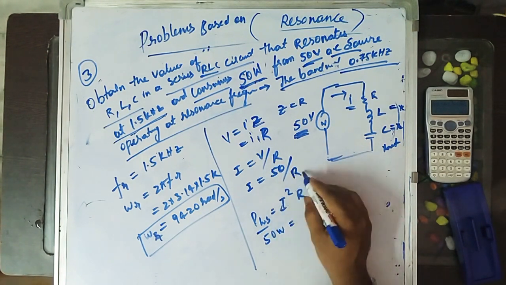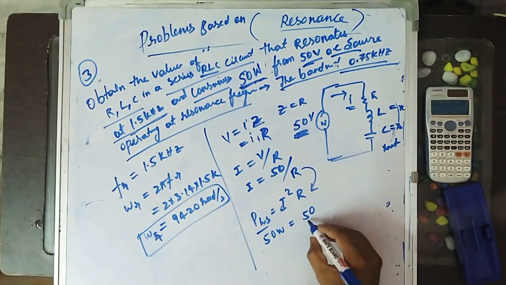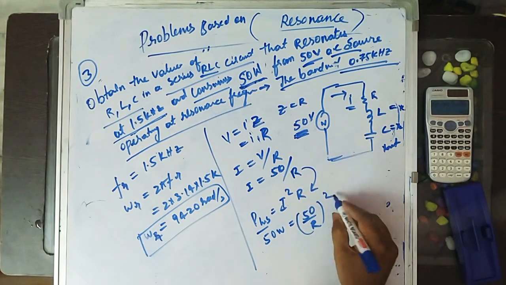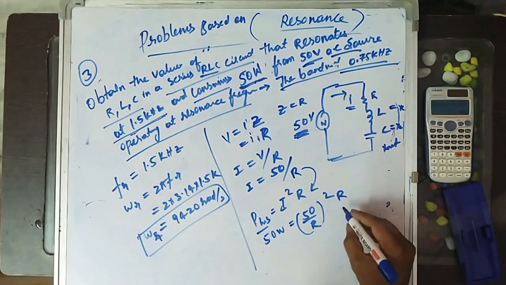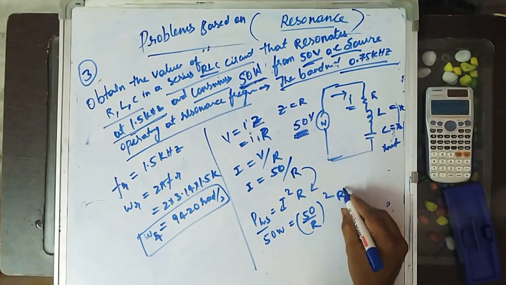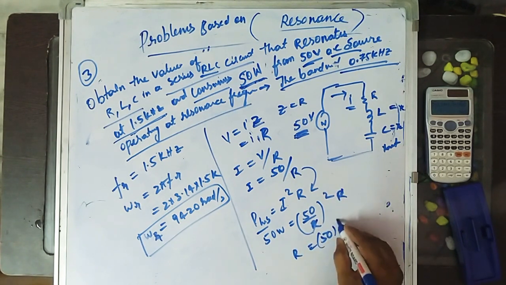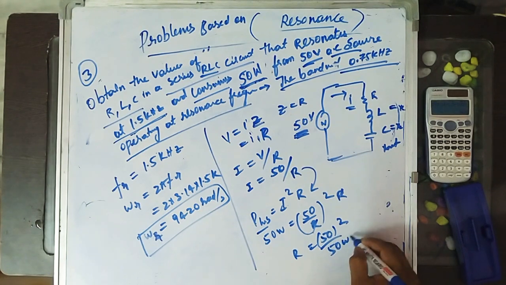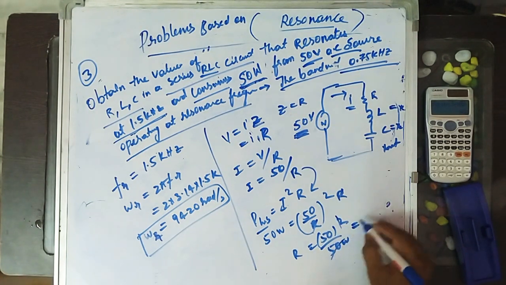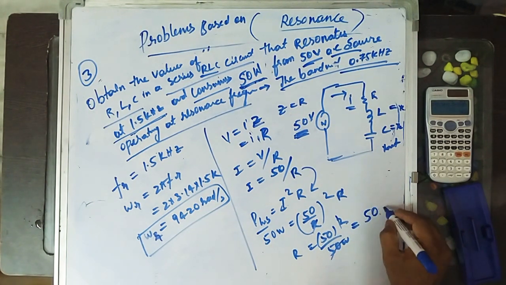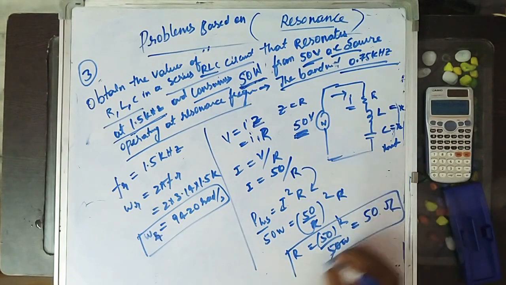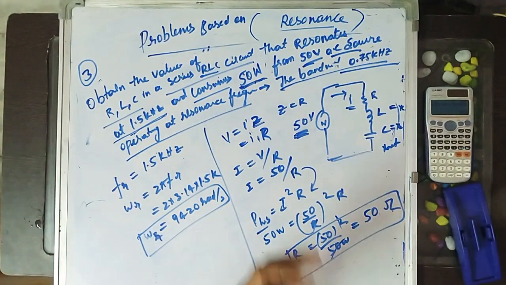So substitute this value here: 50 by R, whole square, into R. Numerator and denominator R cancel, and you will get R equal to 50 squared by 50 watts. So that becomes 50 ohms. So you are getting the resistance R value from the power consumed.